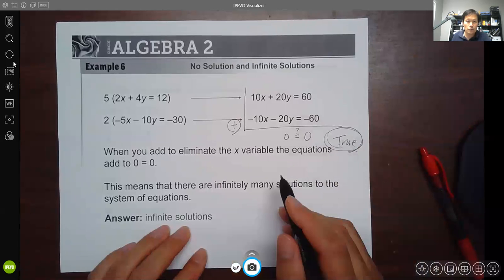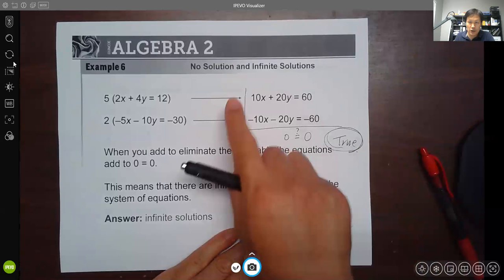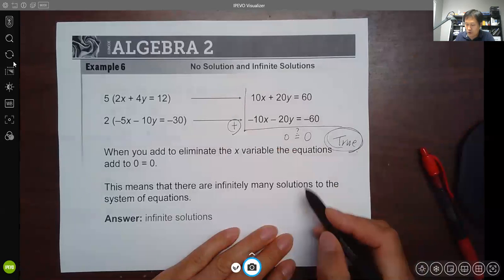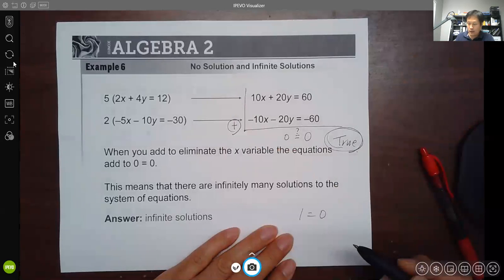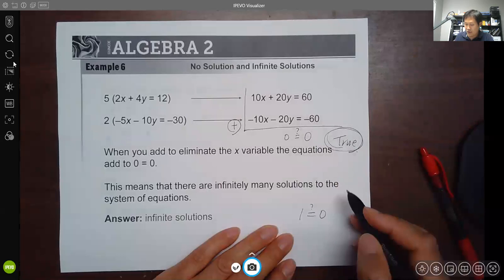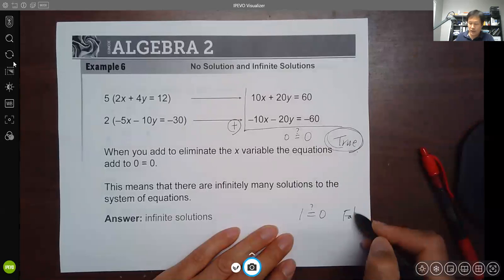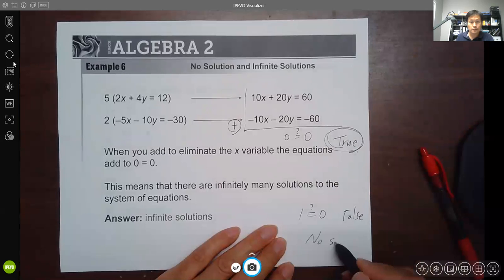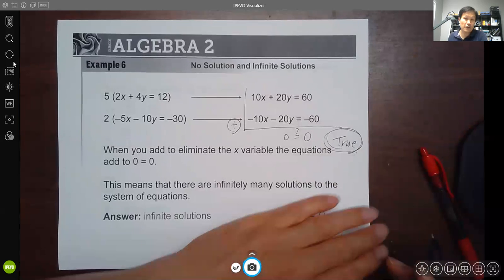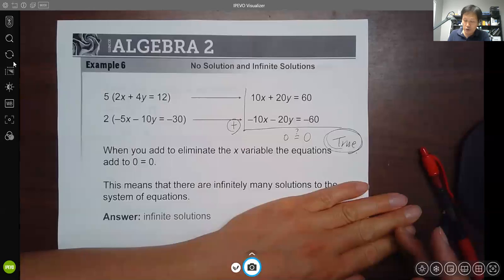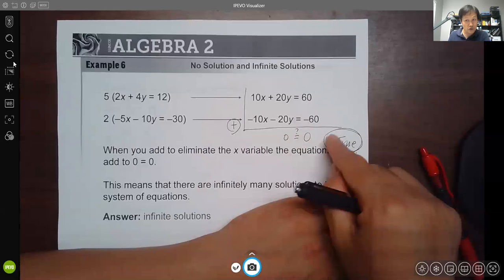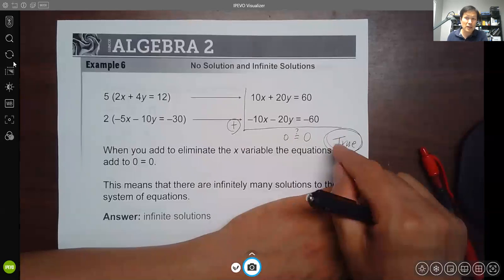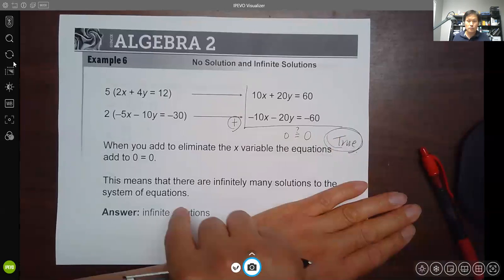If you did elimination and came up with something like 1 equals 0 at the end, you ask, is that true? No, it's false. Then your answer should be no solution. This question, 0 equals 0, is that true? Yes, it is true. What does that mean? Infinitely many solutions.